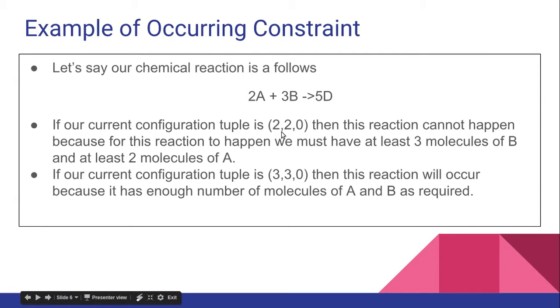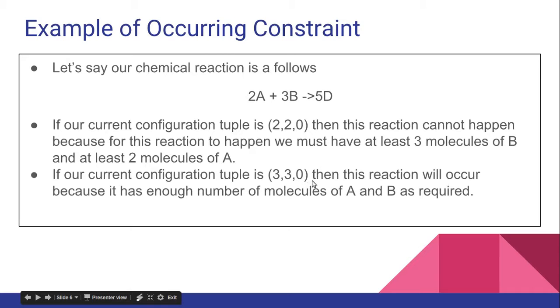If the current configuration is 220, it won't proceed because we must have at least 3 molecules of B and at least 2 molecules of A. So this reaction won't proceed. But suppose our initial configuration is 330, then we have at least 2 molecules of A, right? At least 3 molecules of B, yes.